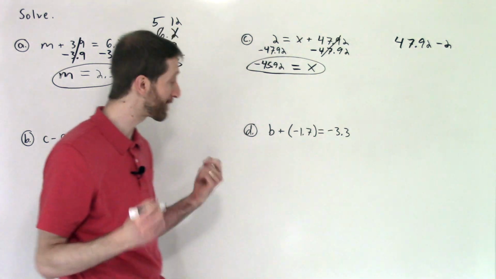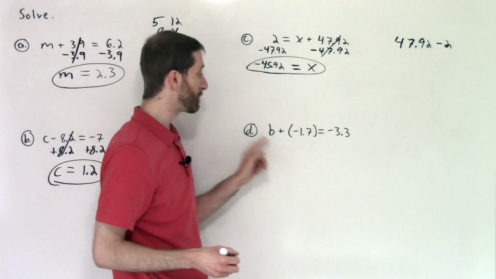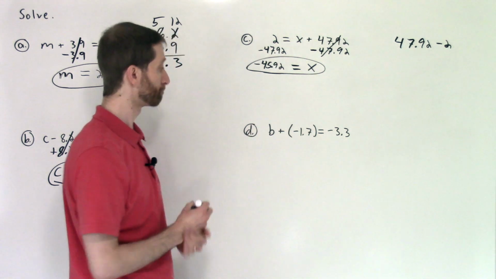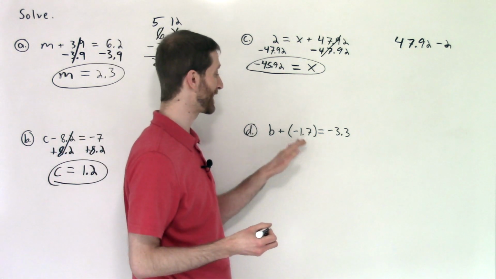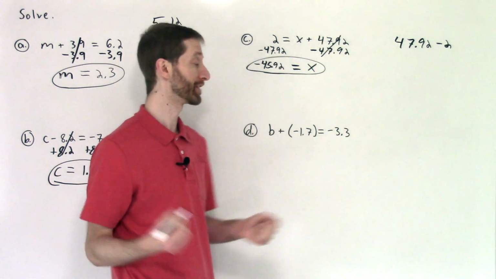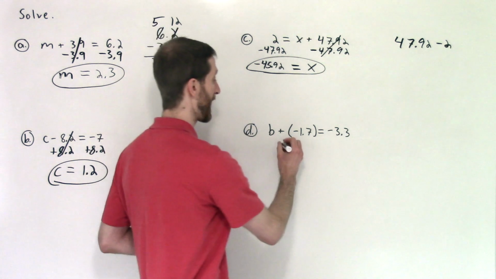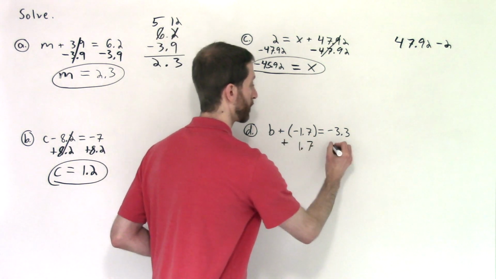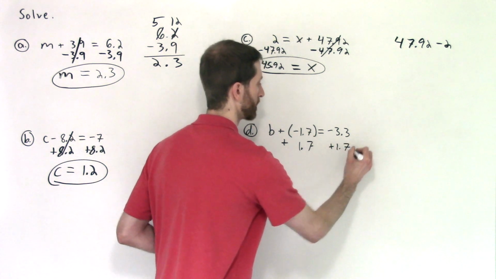Not bad, not bad. Last but not least, b plus a negative 1.7 equals negative 3.3. We want to undo plus a negative number. That's the same as undoing subtraction. You can think of it that way. To undo subtraction, we add 1.7, right? So we add that, and of course we're going to do the same operation to both sides.